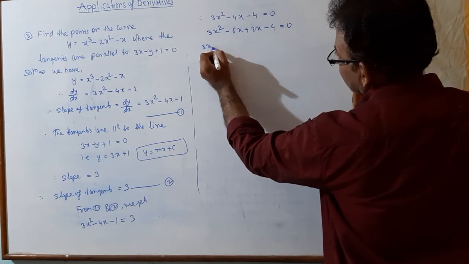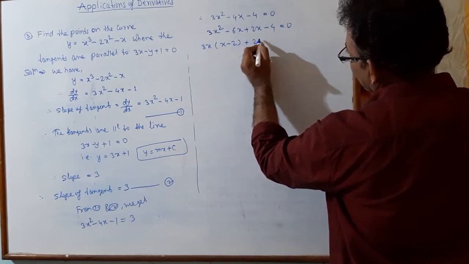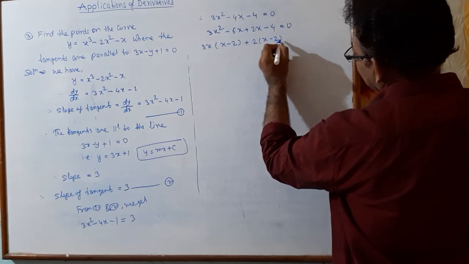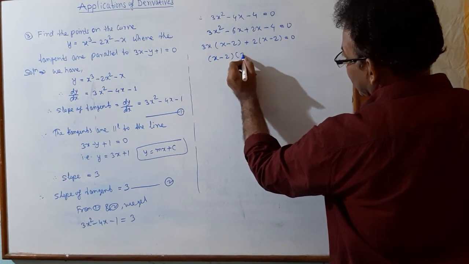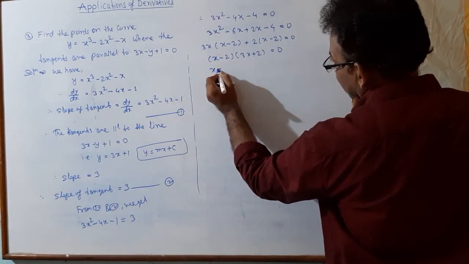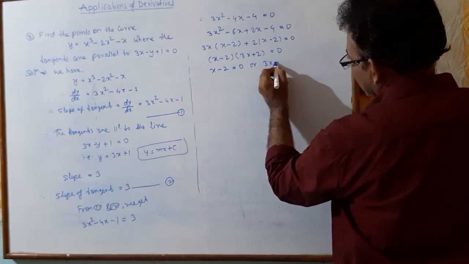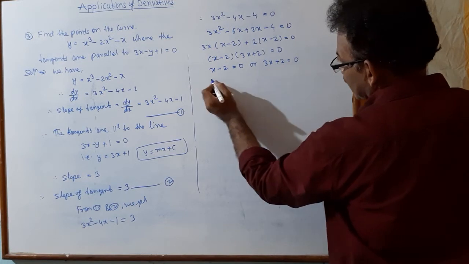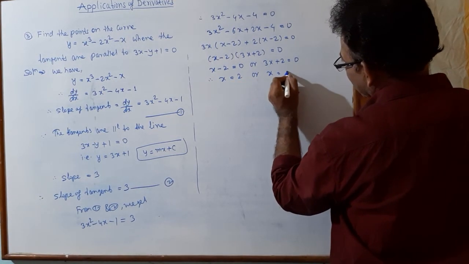Take 3x common in bracket x minus 2, plus 2 common in bracket x minus 2, equal to 0. Again x minus 2 common, second bracket 3x plus 2 equal to 0. This gives x minus 2 equal to 0 or 3x plus 2 equal to 0, and therefore x equal to 2 or x equal to minus 2 by 3, right?